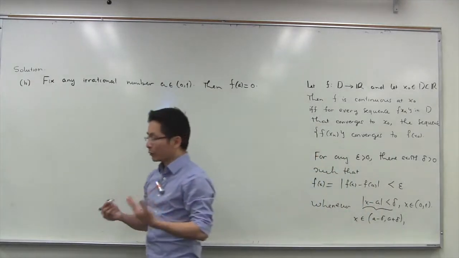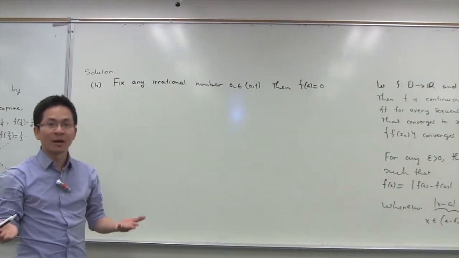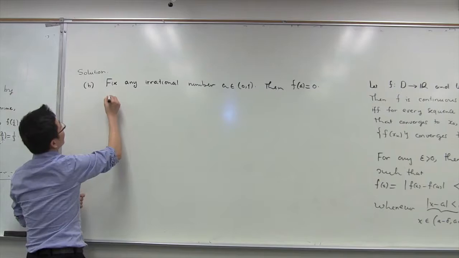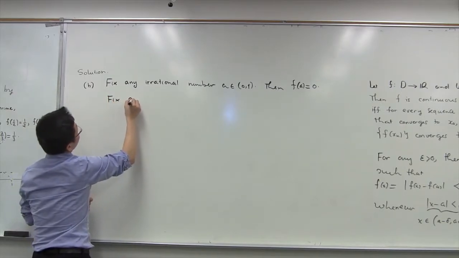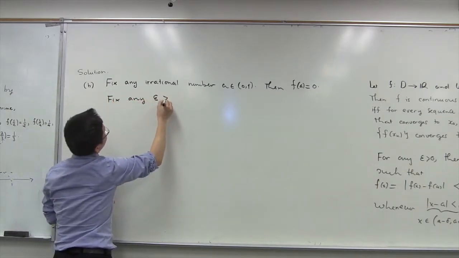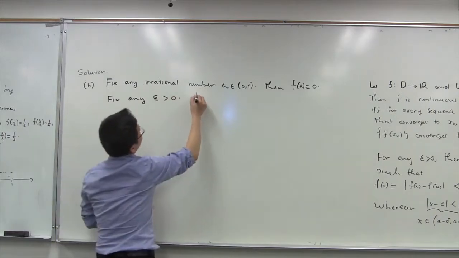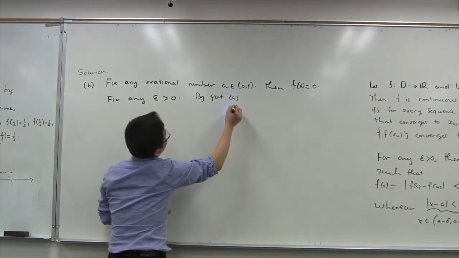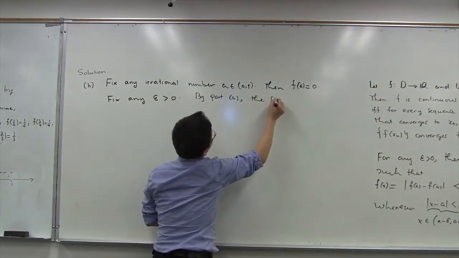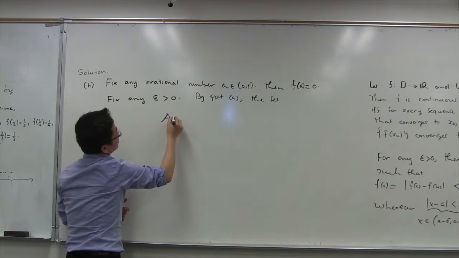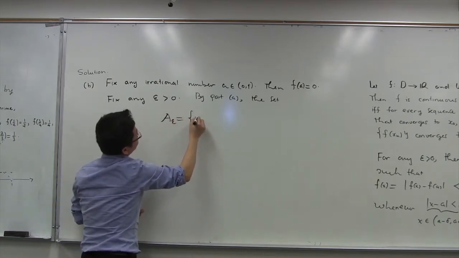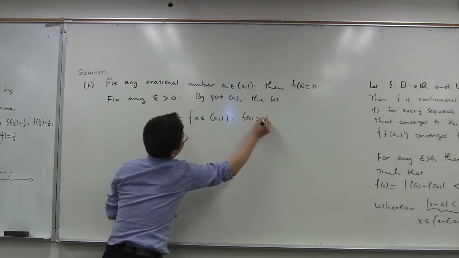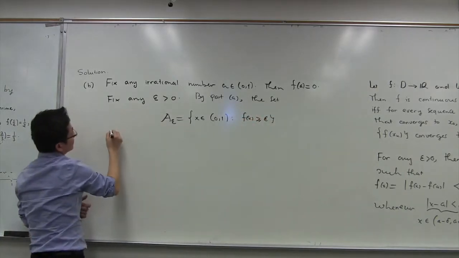Now, we are going to use the first part in order to prove the second part. We fix any epsilon greater than 0. By part A, the set given by this formula is finite.